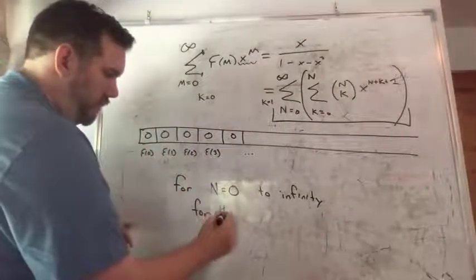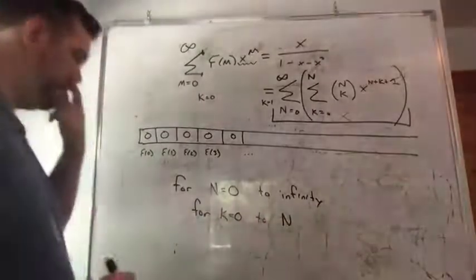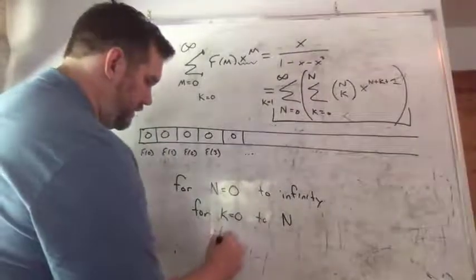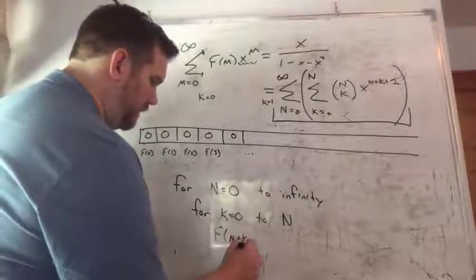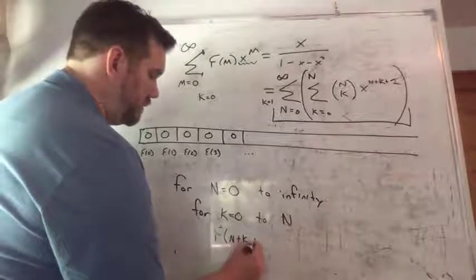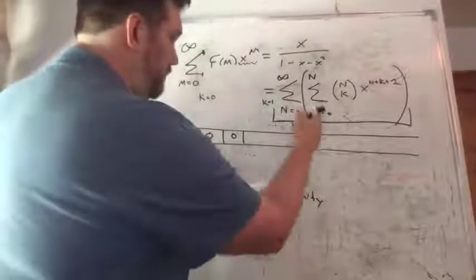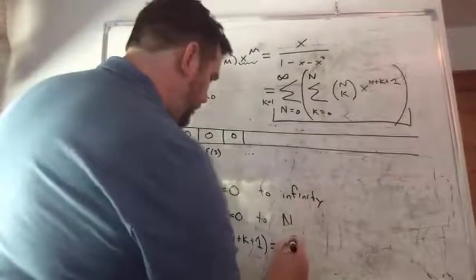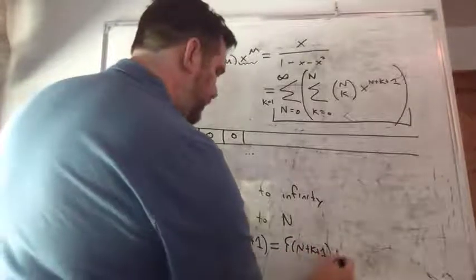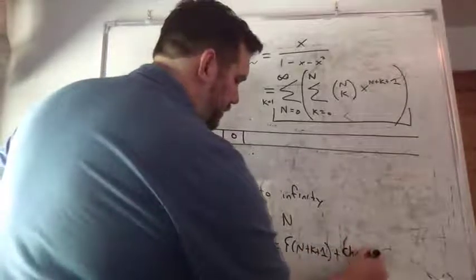And then for k equals 0 to n, what I'm going to add on is: f of n plus k plus 1 should become equal to, I'm going to update it by adding on whatever n choose k is at that moment.